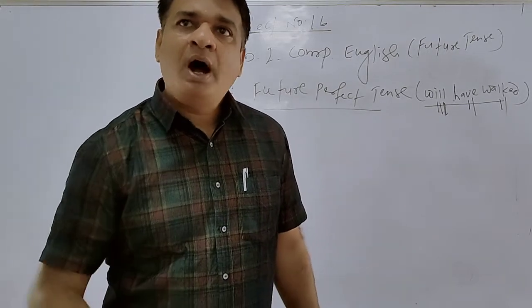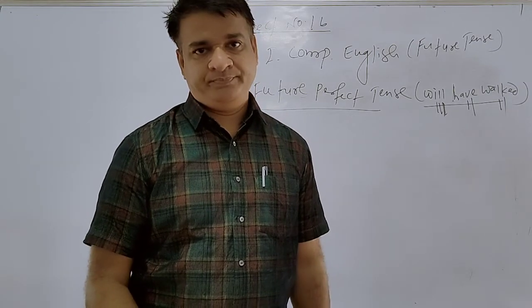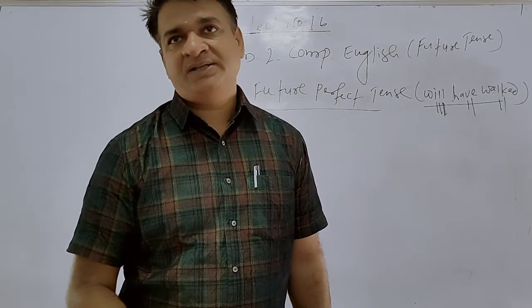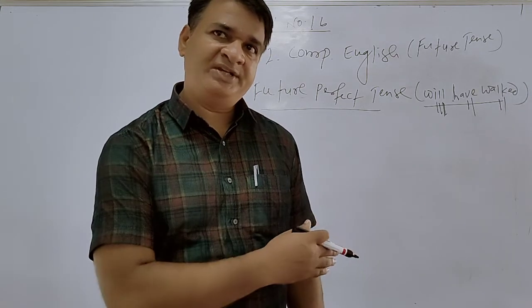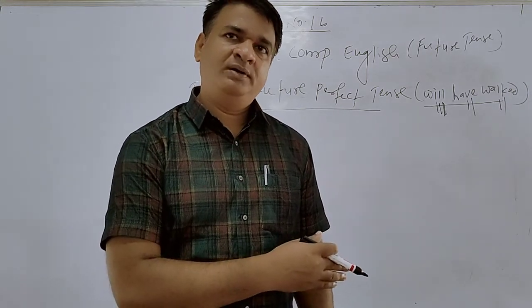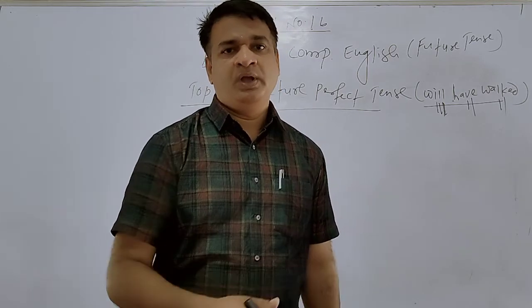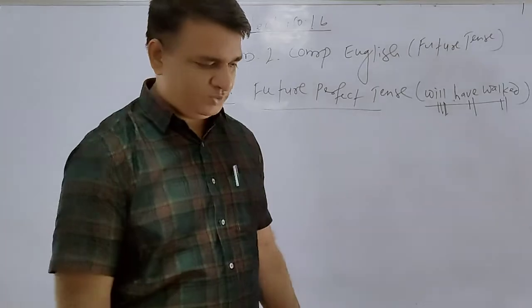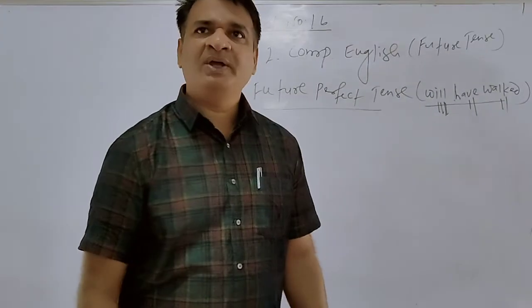For example, I have written a letter, present perfect. And past perfect, he had written a letter, means the action happened a long time ago. And I have completed means I have just completed my lunch. I have just completed my homework.